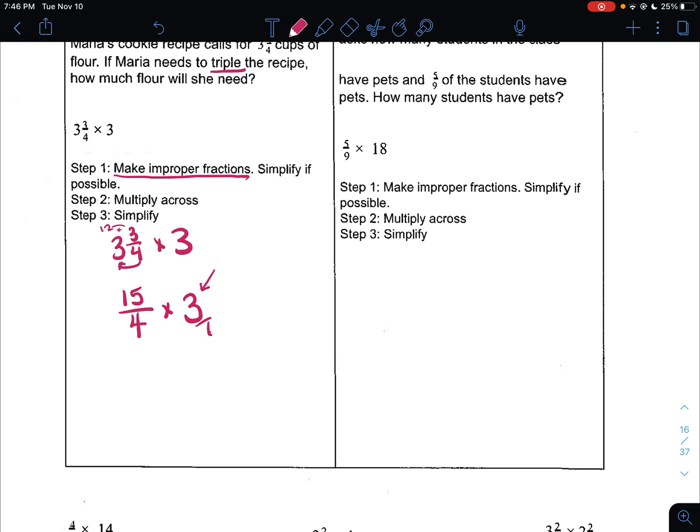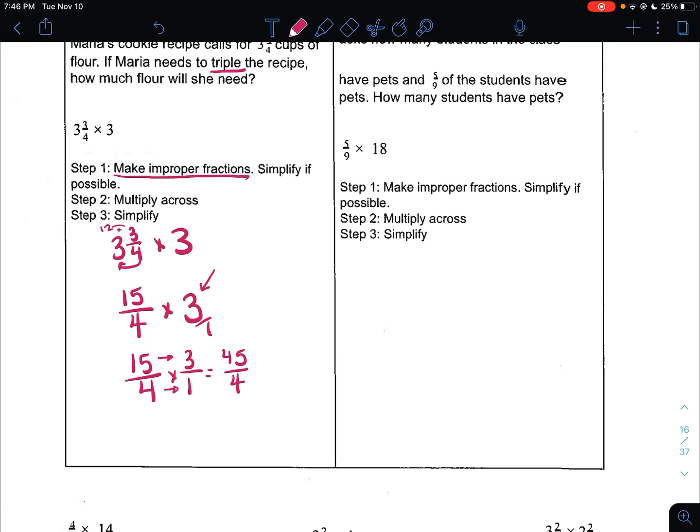Fractions are division. 3 divided by 1 is 3. So it stays exactly the same. So what we're going to do is 15/4 times 3 over 1. And then we're just going to multiply across. So 15 times 3 is 45. 4 times 1 is 4.